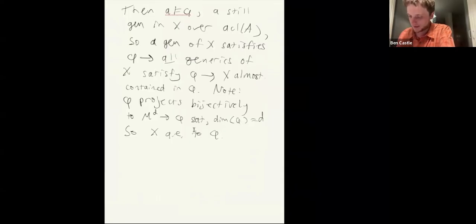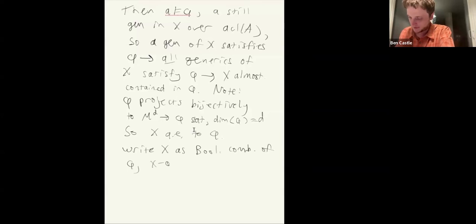And so now I can break X into, now we write X as a Boolean combination of, well, phi and the differences.